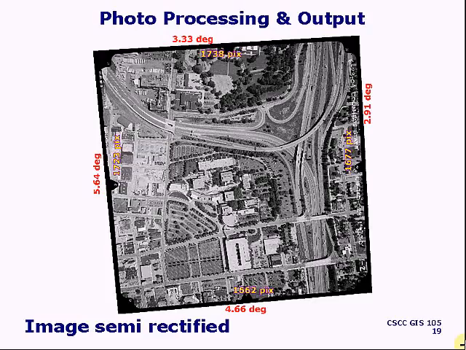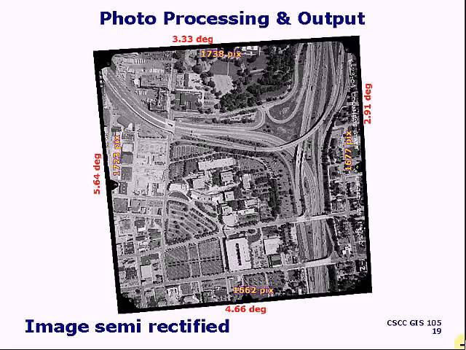The semi-rectified is actually something that approaches orthorectification, and we're going to get into orthorectification next. It's just that we're not using any kind of a surface. What we're going to do is we're going to compute the rotation factors in omega, phi, and kappa.